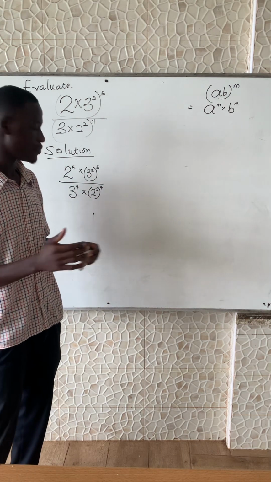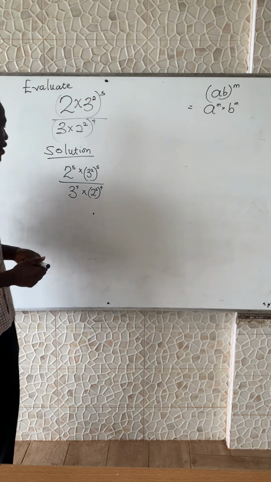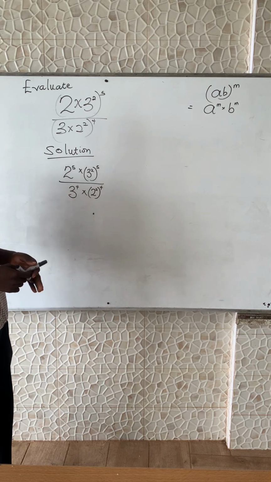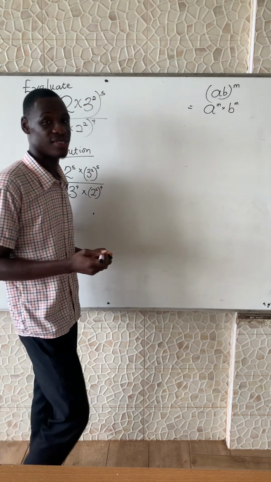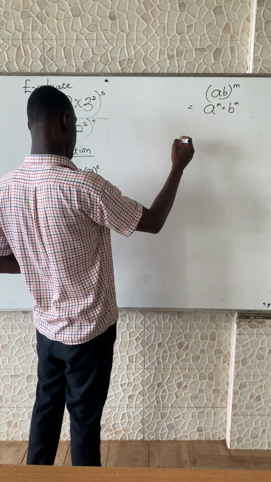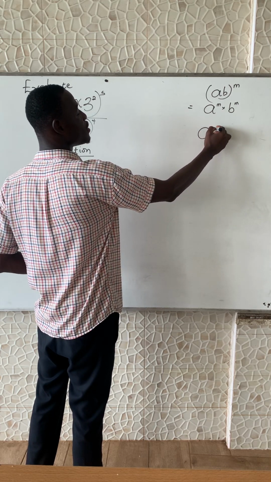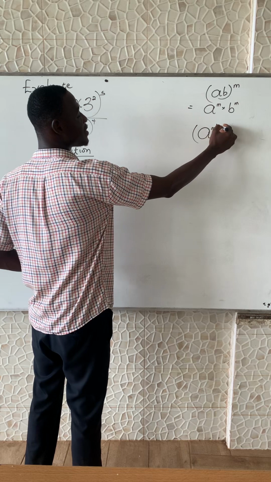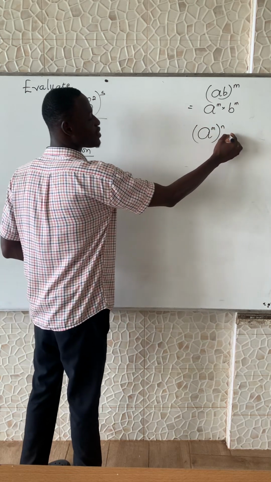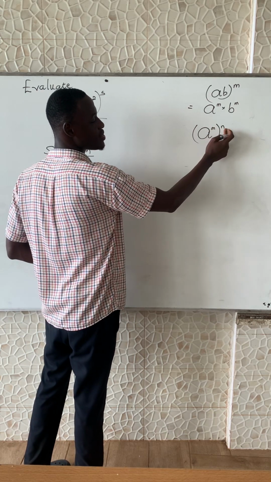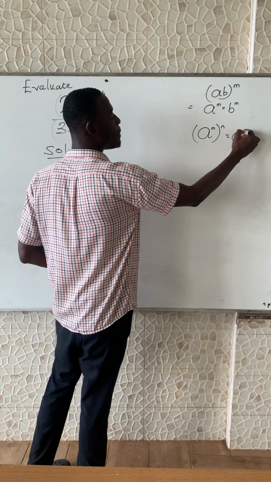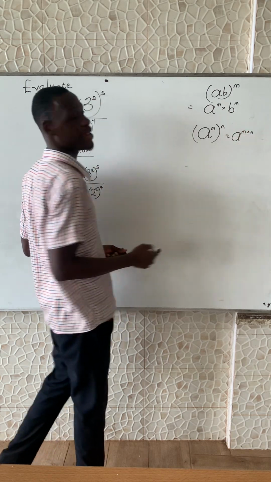Very good, understand it. Alright, now to work this one out, there was another rule of indices which says that if you have an index which has another index, what you do is multiply the 2 indices. This will give us a exponent m times n.